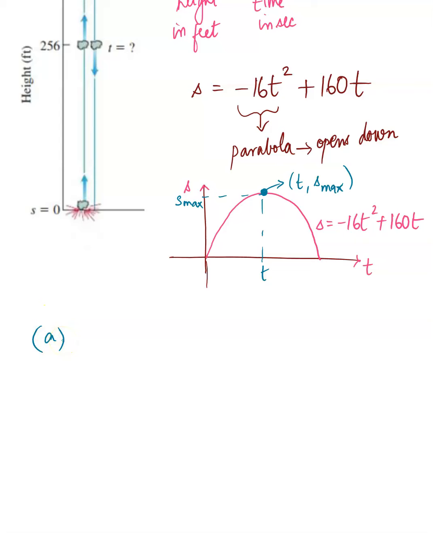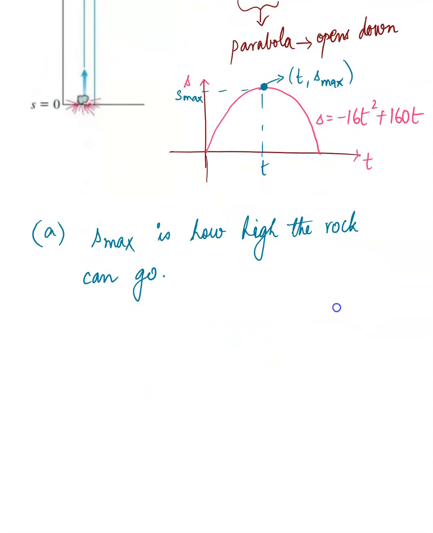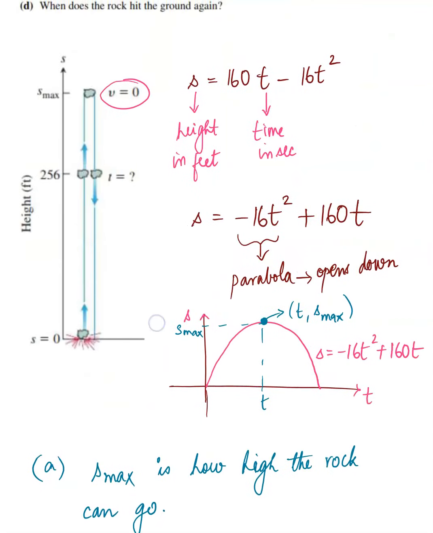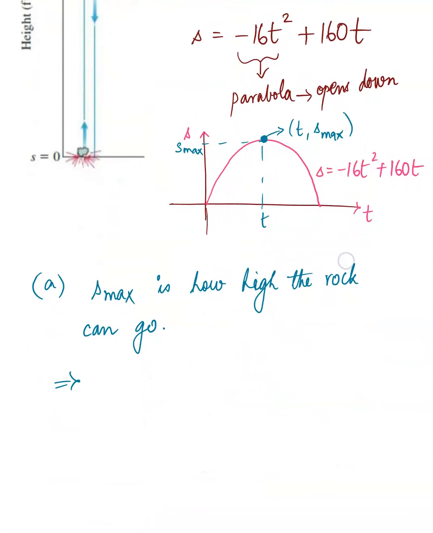So let's talk about part A then. We just reasoned out that S max is how high the rock can go. So this implies that at S max, if you look at this diagram here, the velocity was 0, because that's the maximum height after which it falls, and so it has to pause to turn directions.